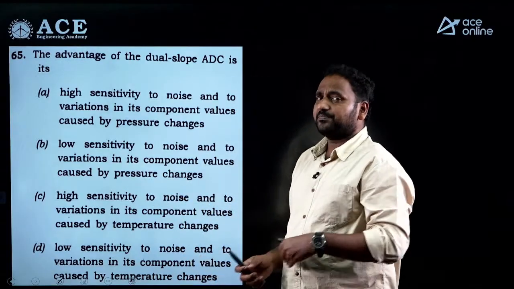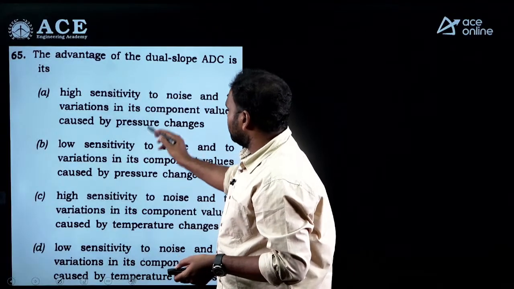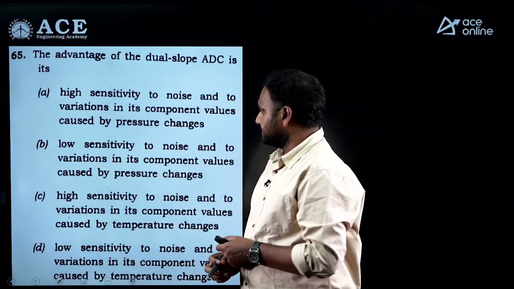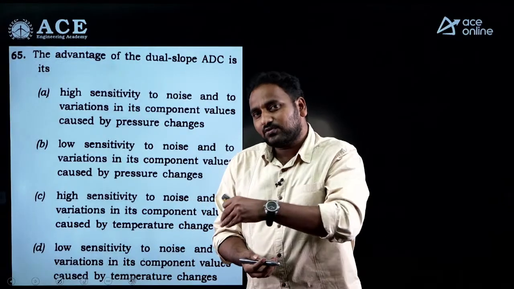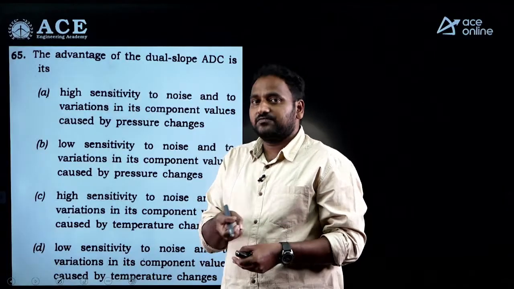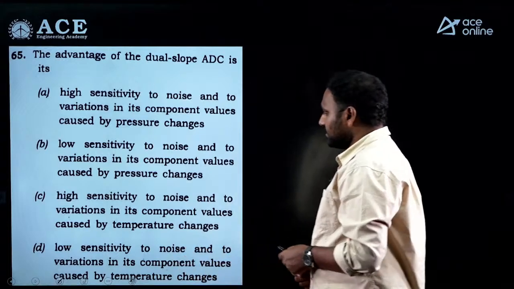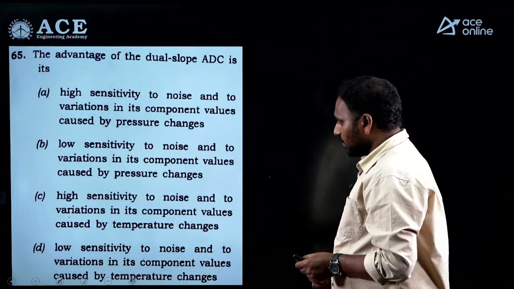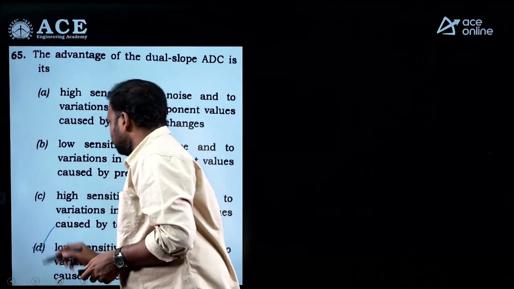There is no concept of pressure in ADC and DAC, okay, that's why pressure-based options you can eliminate. High sensitivity due to noise, no, actually we have low sensitivity, okay. So that's why low sensitivity to the noise and variation in component value caused by temperature changes. D is the correct option.